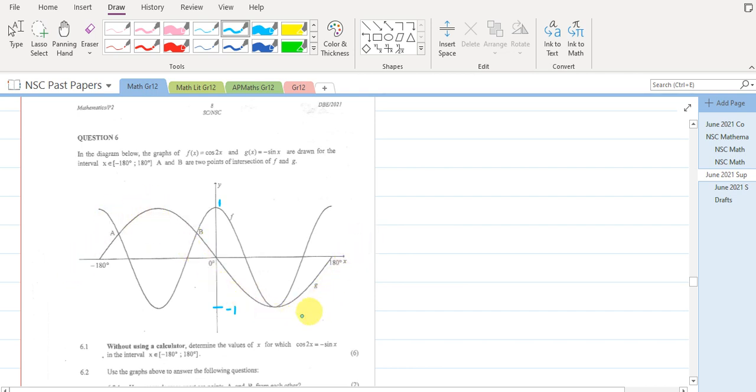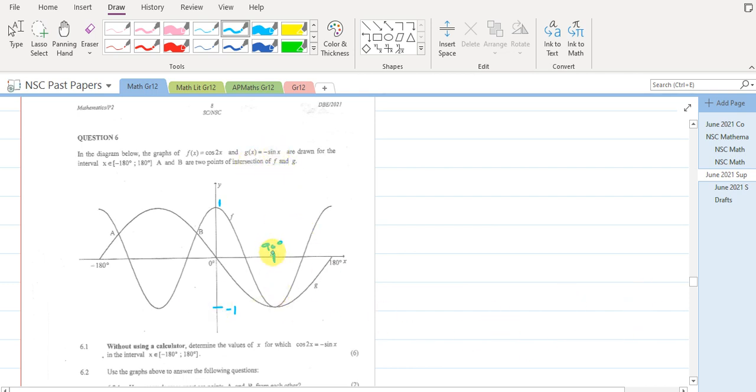We can see the period is 360 degrees, and the period for the cos graph is just 180. We can see one wave here, quarter, half, and quarter. Perfect. It looks like both these graphs are intersecting at a certain point. We can just look at this sine graph. So the midpoint in between those two, that's 90 degrees, and we can see negative sine of 90 is minus 1. That is correct.